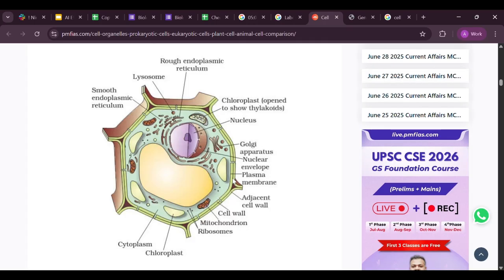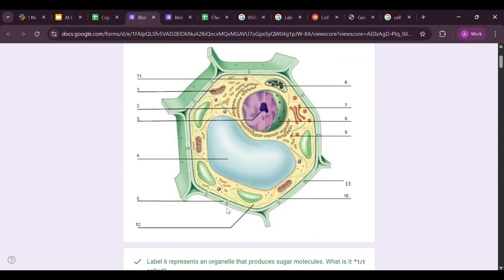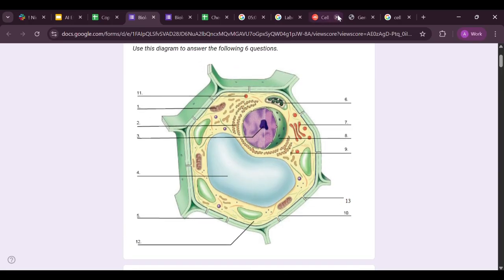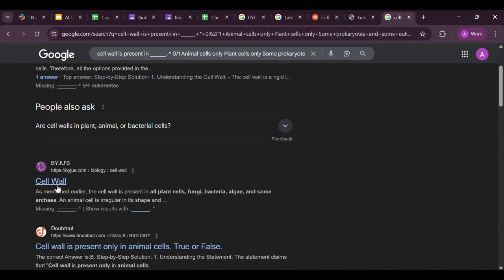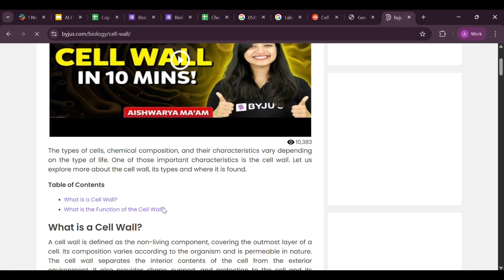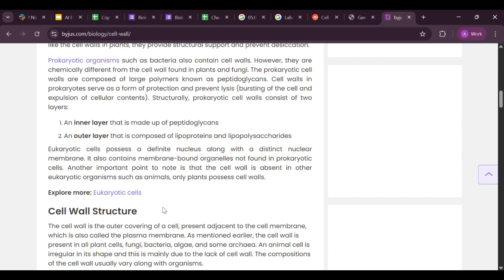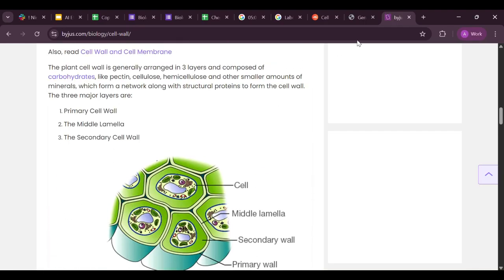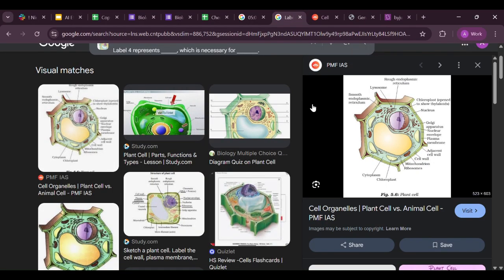Okay, it might be plasma membrane. 5. It is not 5, it is 10. It is cell wall. Okay, we will check this open source. Okay, wait a minute. I am going to paste it over here.